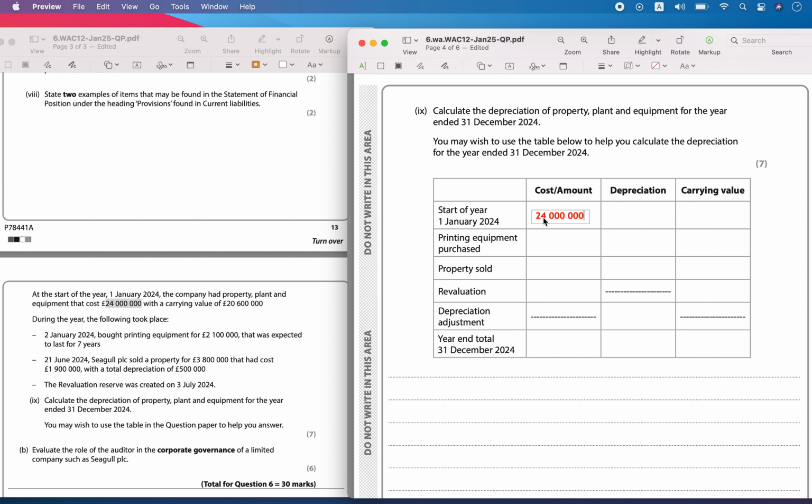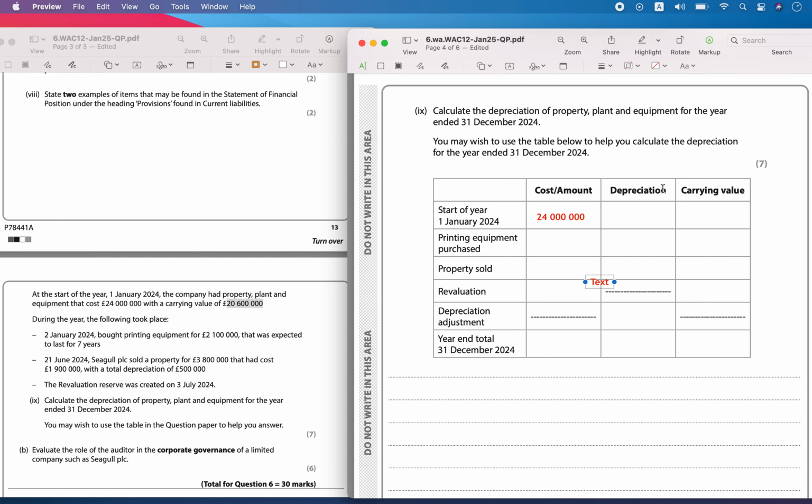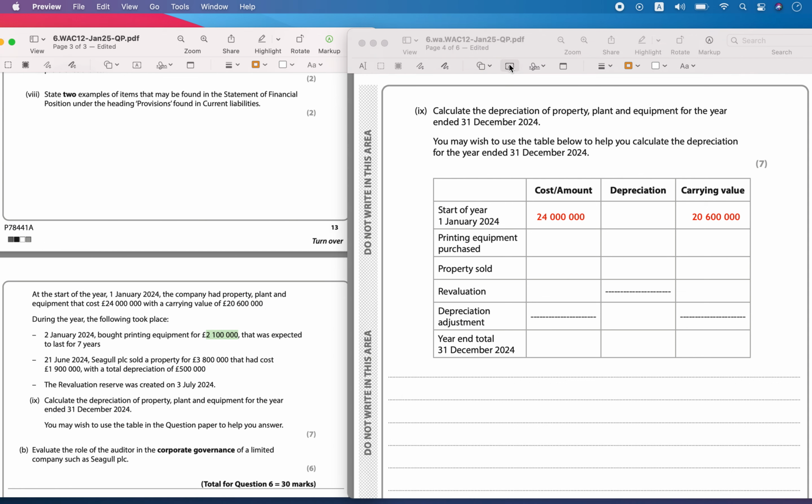Then the carrying value was 20.6 million, you can write. Then printing purchase: on 2nd January 2024, they bought printing equipment for 2.1 million, expected to last for 7 years.